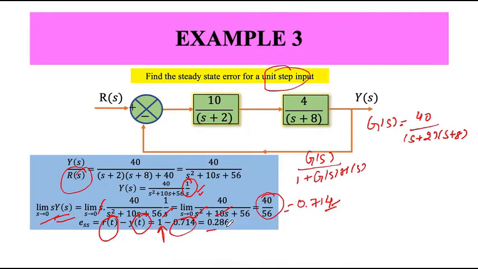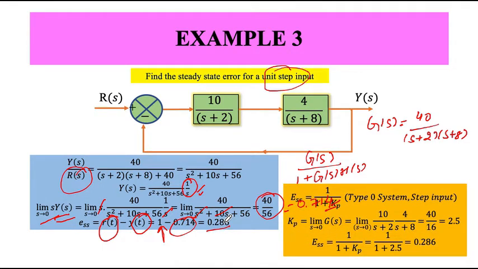So it is 0.286. This is a slightly longer process, but now I know directly how to calculate the steady state error. I will just clear it a little bit. This is the first method of finding it. This is the second method.